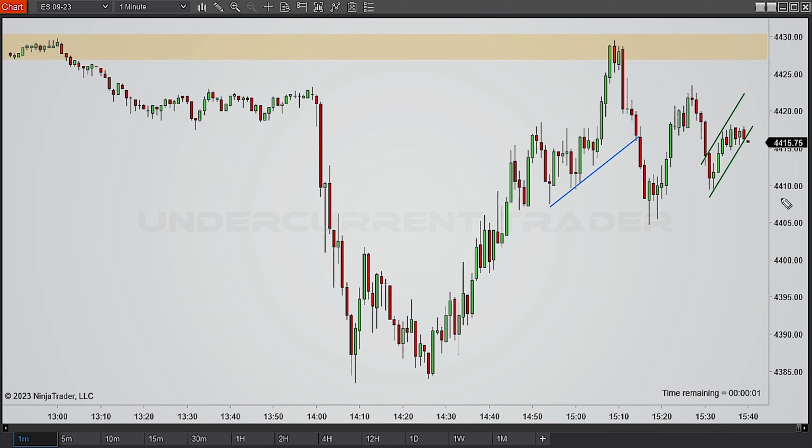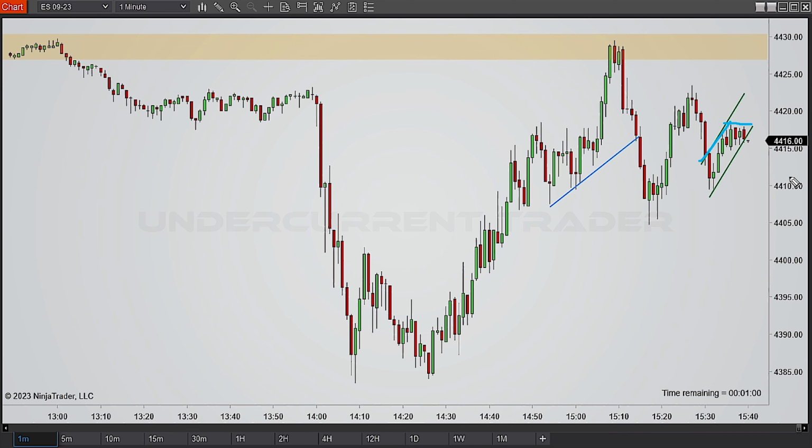Additionally, if the upper boundary of the ascending channel is repeatedly tested but not broken, it could indicate that bears are entering the market at that particular level and pushing the price downward, creating in the process a strong resistance to further price increases.